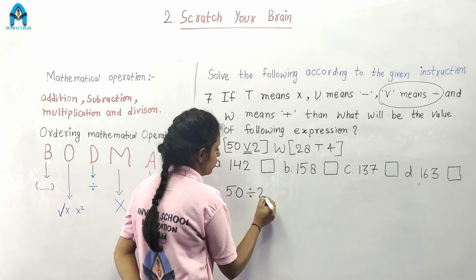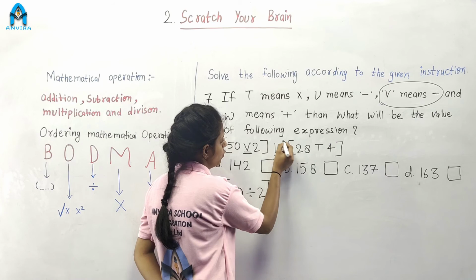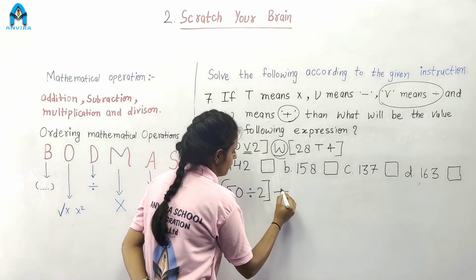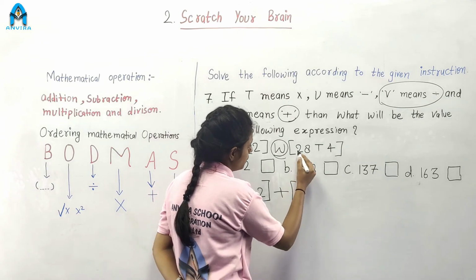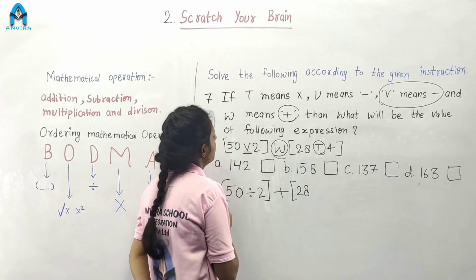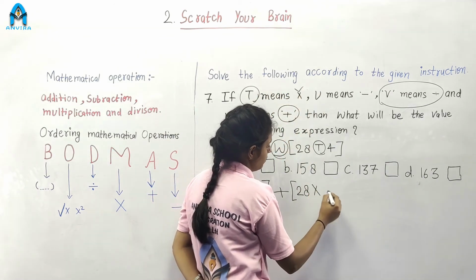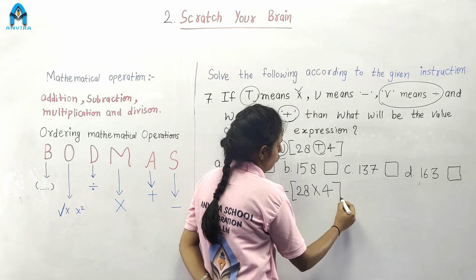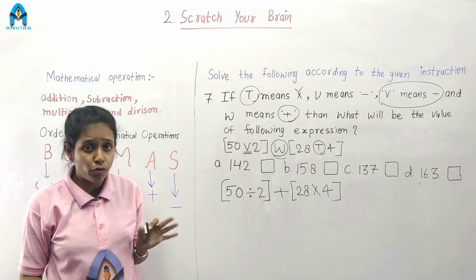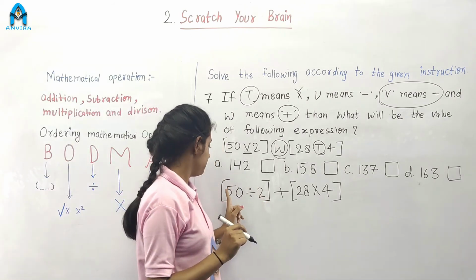Then 2 brackets. The meaning of W is addition. Bracket open. 28. The meaning of T is multiplication. Then 4. Now, according to the rule of BODMAS, first solve the brackets.